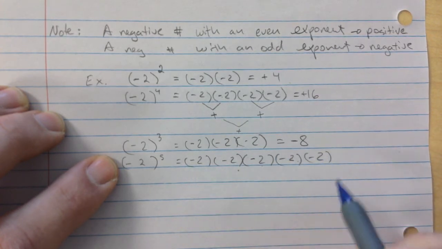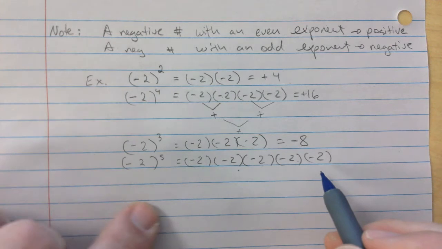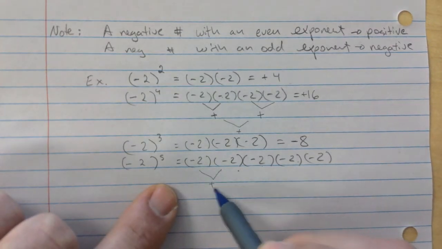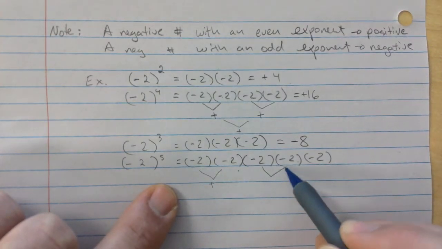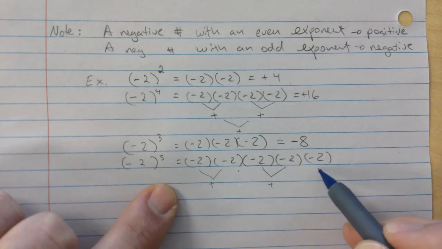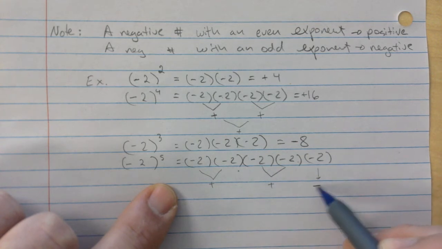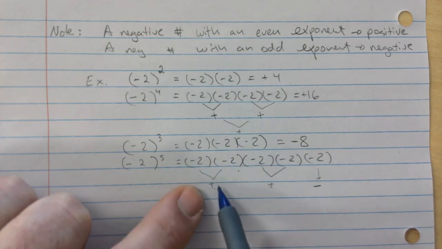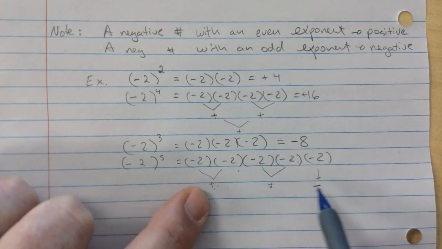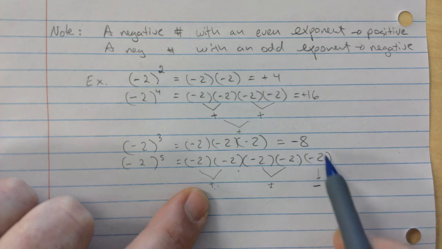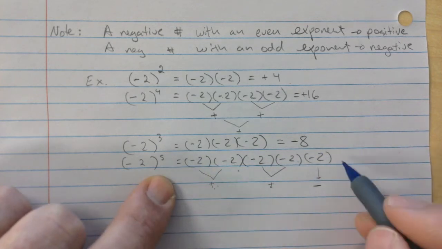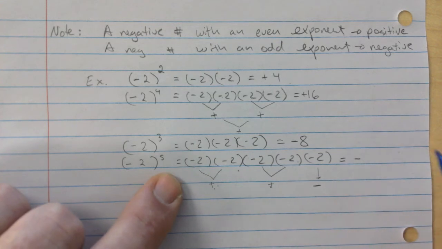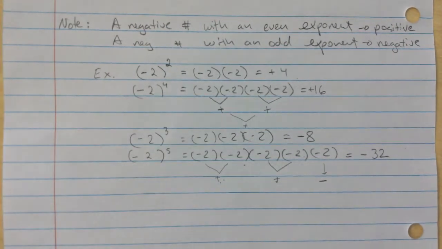You have 5 negative 2's multiplying each other. You get a positive out of these, you get a positive out of these, but then you get a negative here. Positive times positive is still positive, but eventually you end up with that one left over. You'll always have one left if it's an odd power, so that ends up being negative 32. Okay, so don't forget the negative.